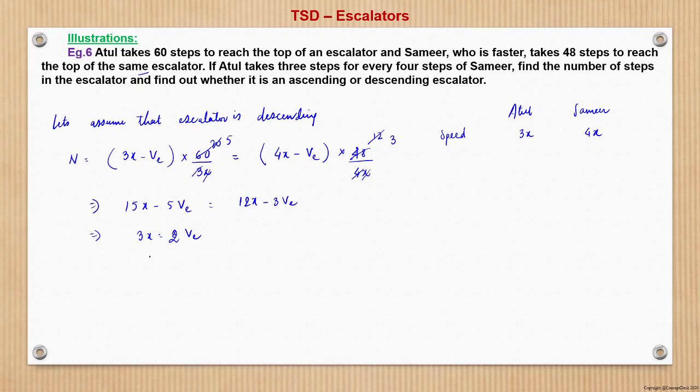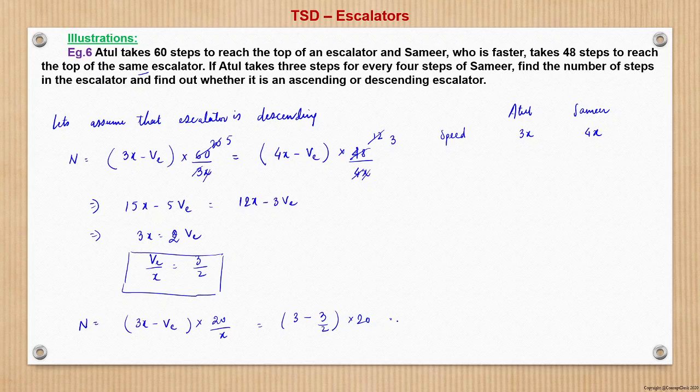So v upon x is equal to 3 by 2. This ratio we have obtained. So we have to find the number of steps. Number of steps n is equal to, we can take any equation, (3x minus v) into 60 by 3x, which is nothing but 20 by x, and we'll take x inside, so it becomes 3 minus v by x, which is 3 by 2, into 20.